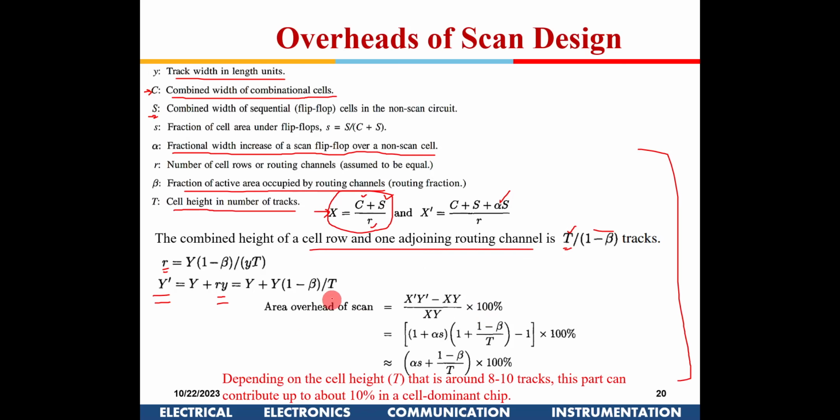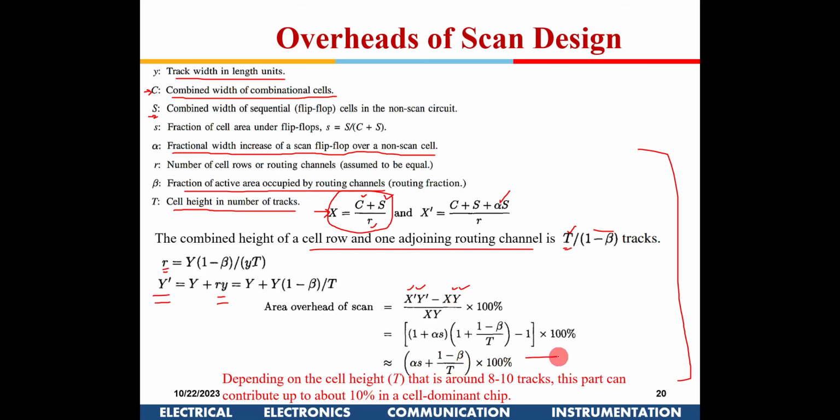That is why one more factor is put here. So now you get the new y. So you can compute the overhead: this is the new area, this is the old area. If all these parameters are known, you can compute this overhead.